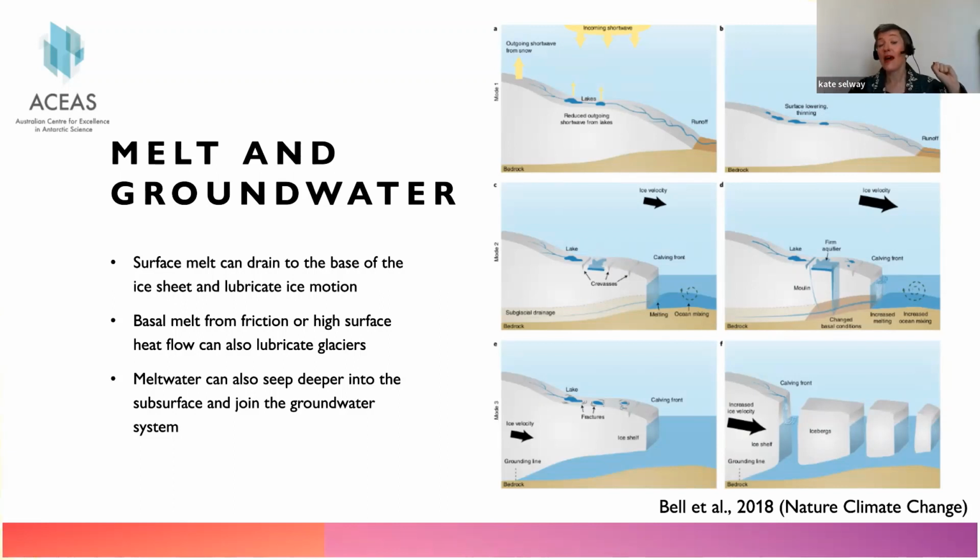So this is something that we plan to do in the Denman Glacier region. But it's a pretty new technique, so I don't have a lot of examples of my previous work to show for this because it's pretty new. So why do we care about this?